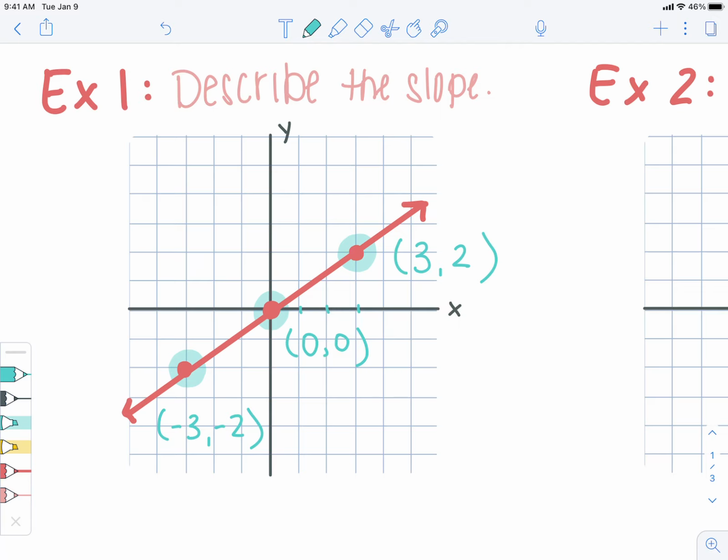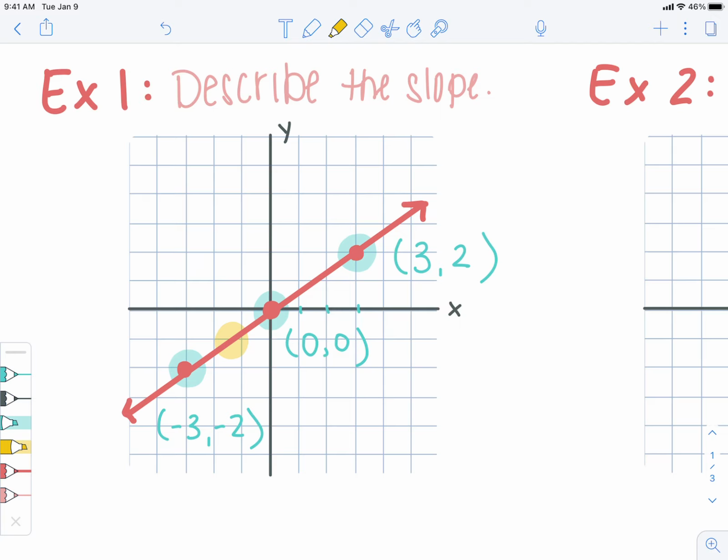So if I'm going to describe my slope, I just want to look at 2 points. And I can pick any 2 points on my graph. I want to pick points that fall on nice whole numbers. I don't want to pick something in between, because then I have to try and estimate those decimals, and I'm probably not going to estimate them very accurately.